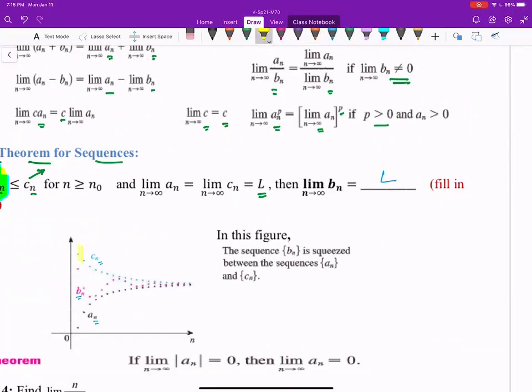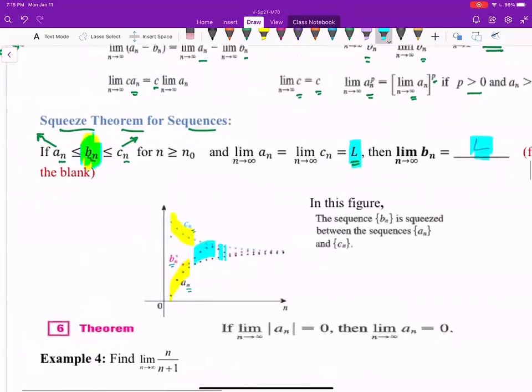The middle one is getting squeezed between An and Cn because the bottom sequence and the top sequence are both approaching the limit L, so the middle sequence has to approach the limit L.